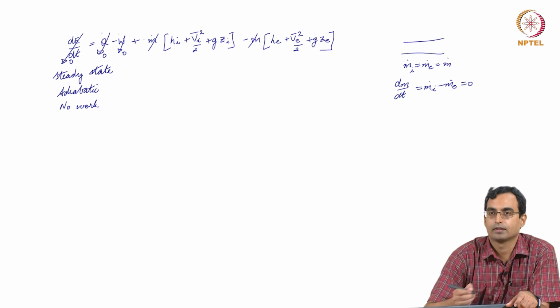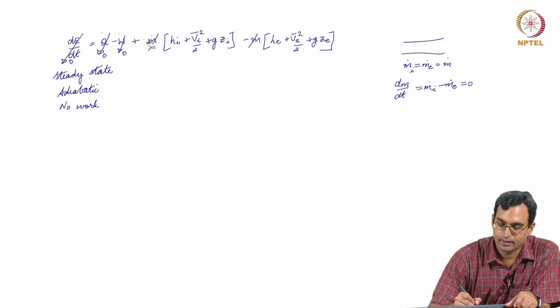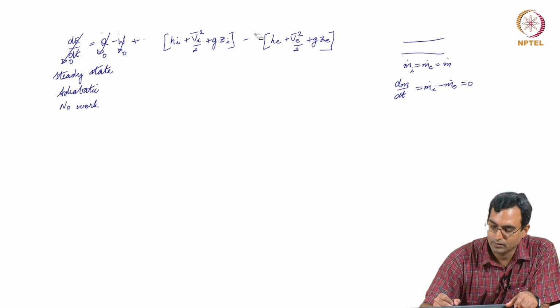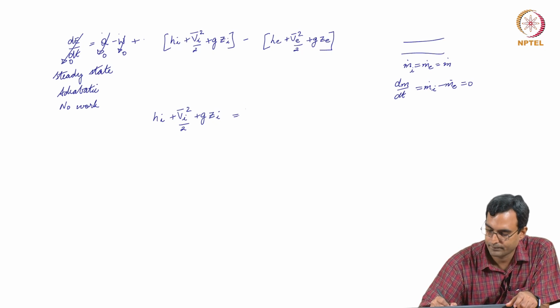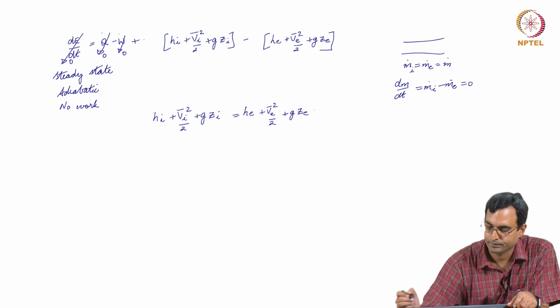So, this goes. I am just cancelling, taking it to the other side, dividing the 0 by m dot. So, this goes. So, essentially now I am left with this.